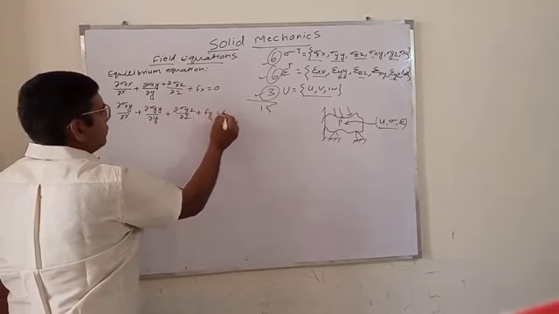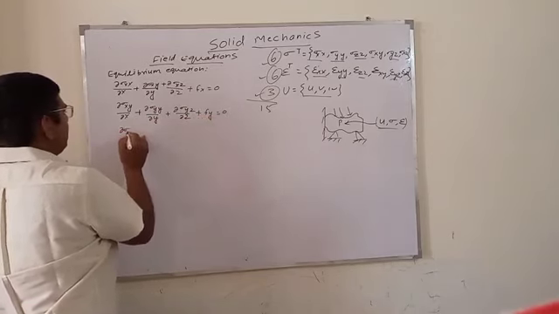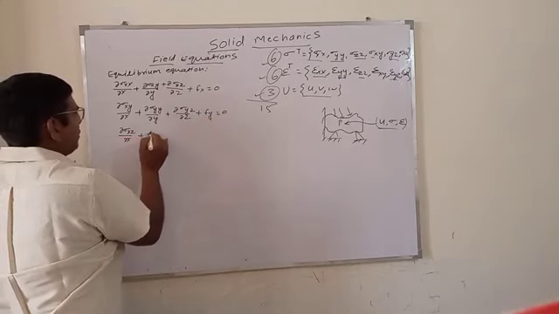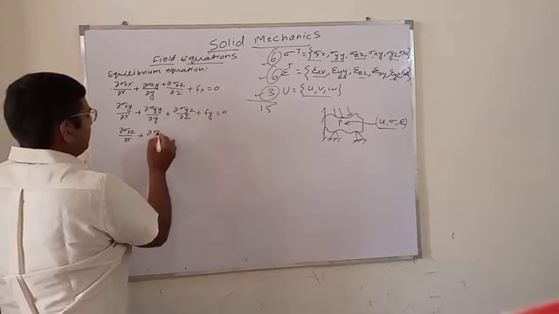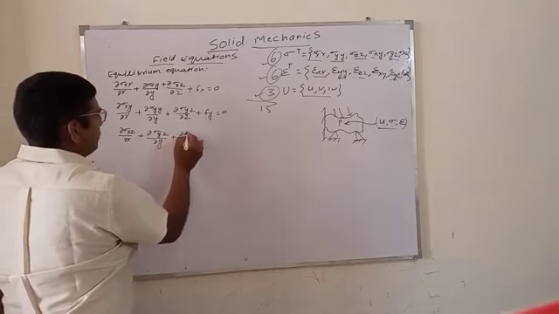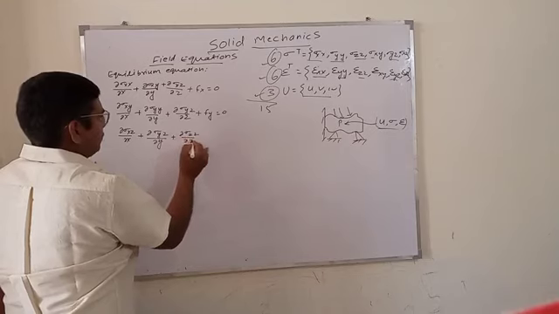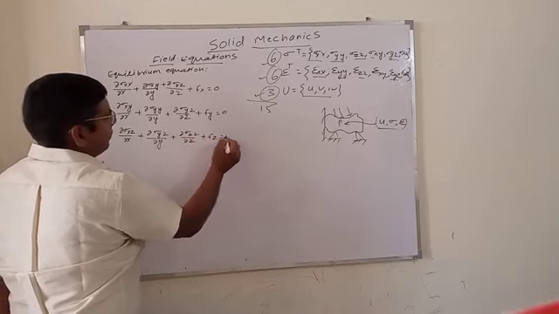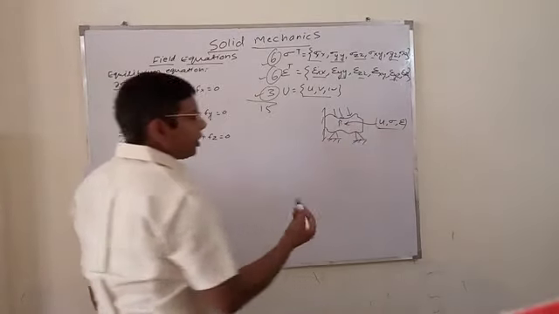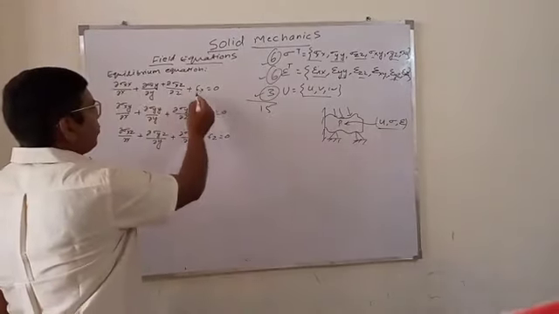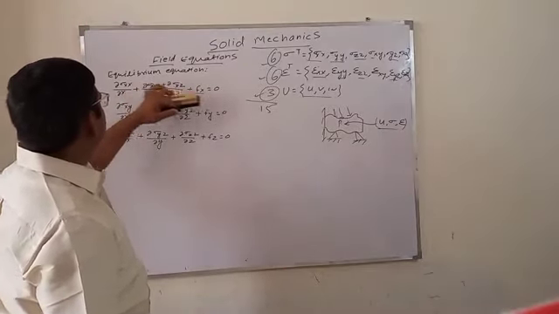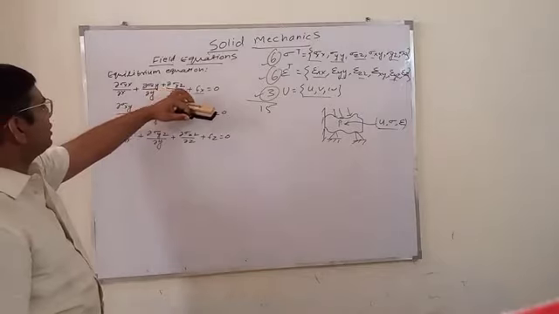Here F is the body force per unit volume, and these are the stress tensor components: sigma xx, sigma xy, sigma xz.